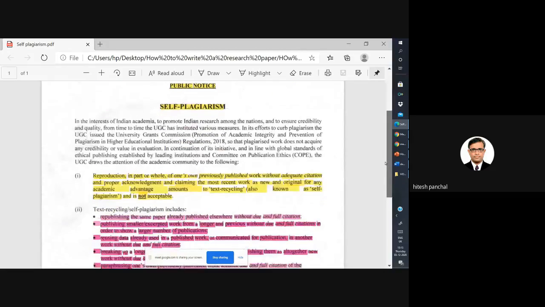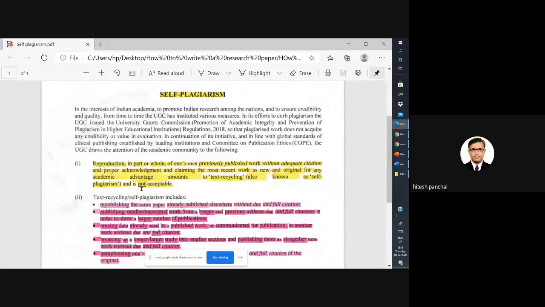It is written here: reproduction in part or whole of one's own previously published paper without adequate citation and proper acknowledgement, and claiming the most recent work as new and original for any academic advantage, amounts to text recycling, also known as self-plagiarism, and it is not acceptable.